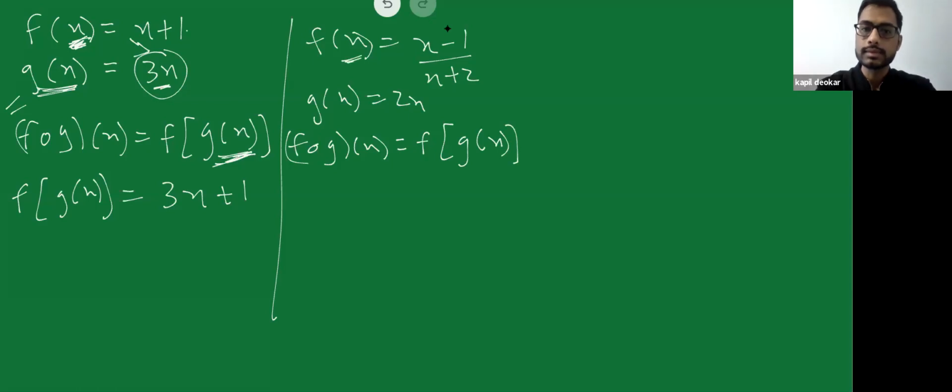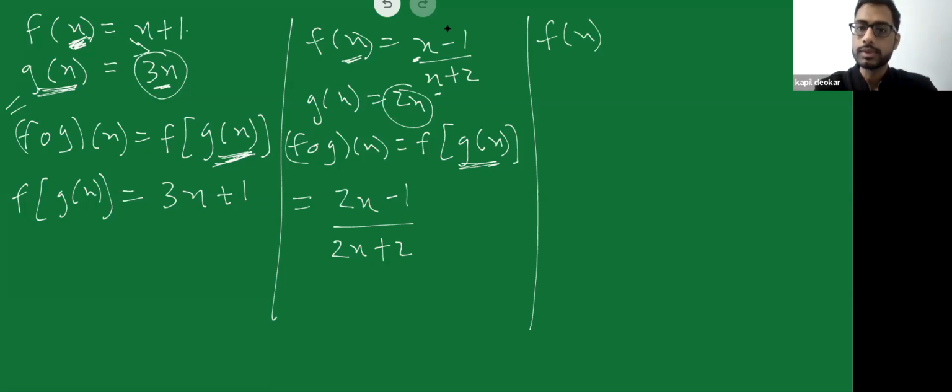Instead of x, I want g of x terms. So wherever I'm seeing x, instead of writing x, I'll write my g of x terms. And what is g of x given as? 2x. So instead of x, I will write 2x. Numerator minus 1 as it is. Similarly in denominator, instead of x, I'll write 2x plus 2. And that is my answer.